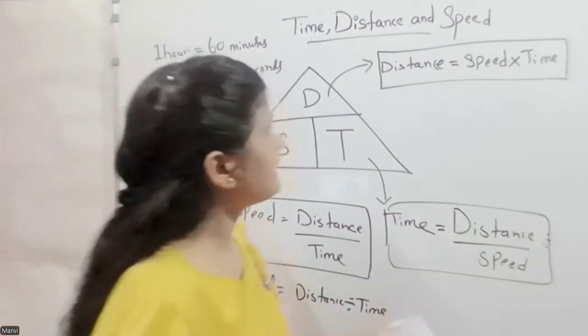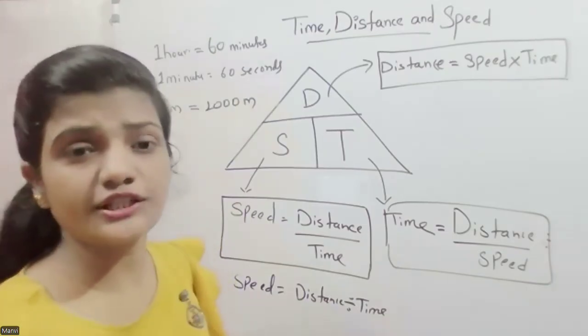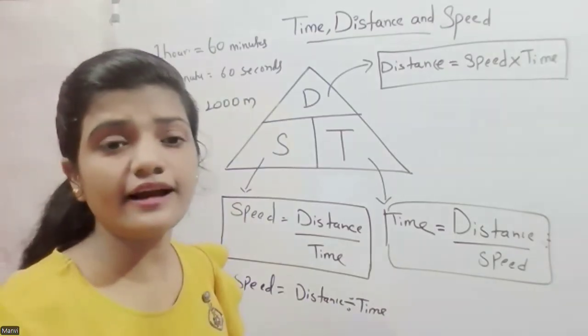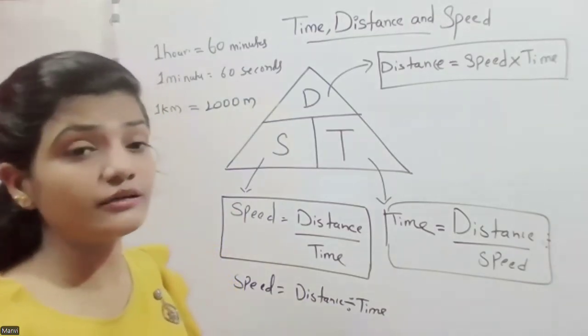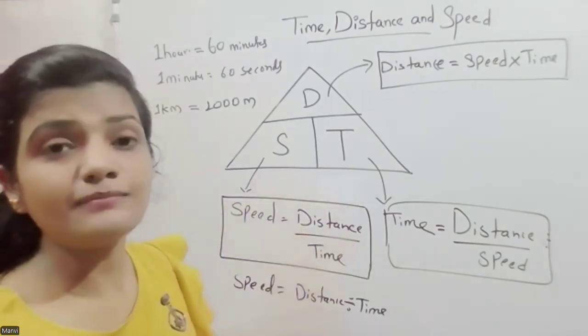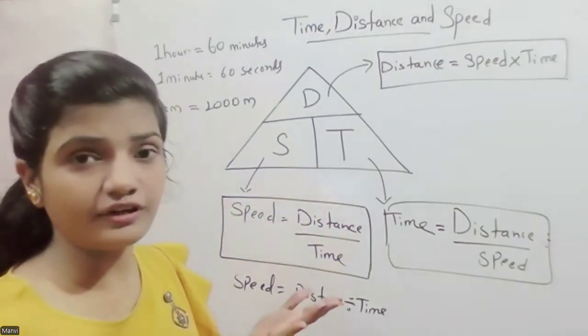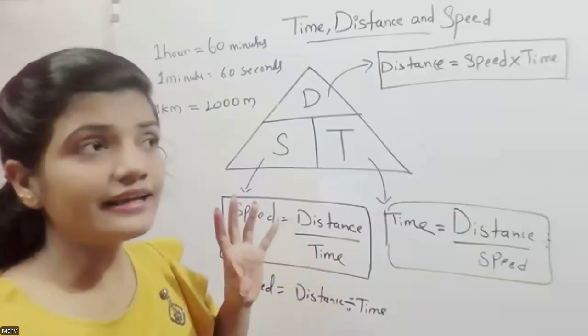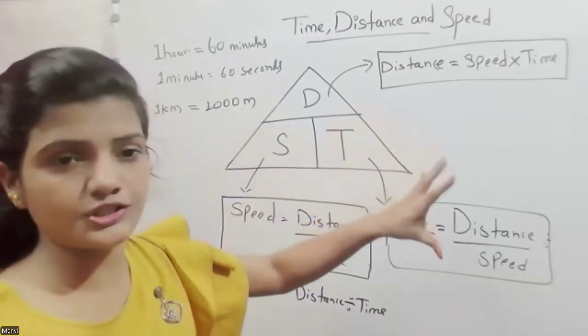Sometimes they give a question and they don't simply say find the distance or find the speed. Sometimes they ask in a different way, so they actually give us the clue in the question itself.